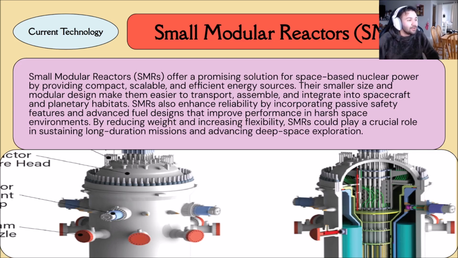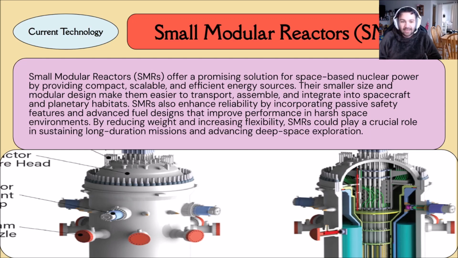Right. Another current technology we talk about is small modular reactors (SMRs). Small modular reactors offer a promising solution to space-based nuclear power by providing a compact, scalable, and efficient energy source.